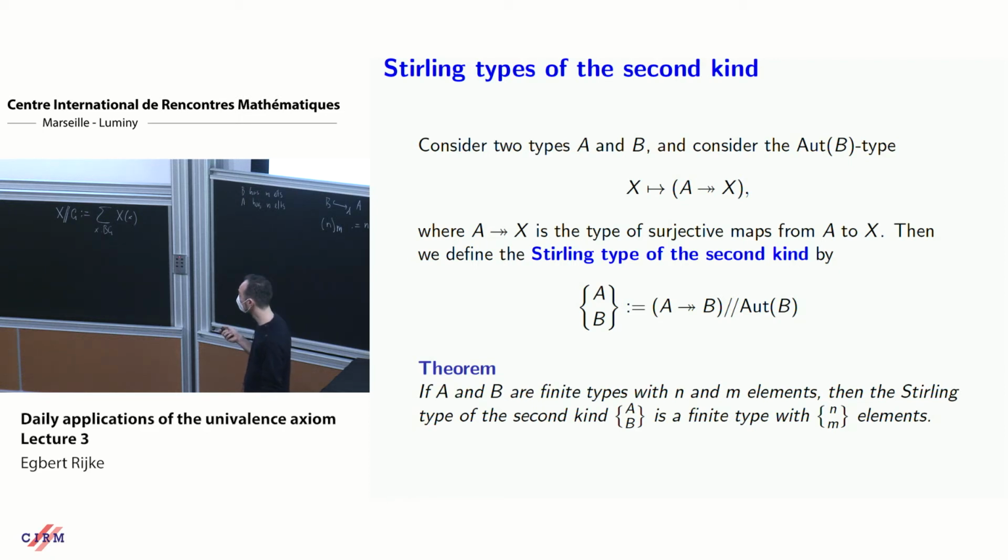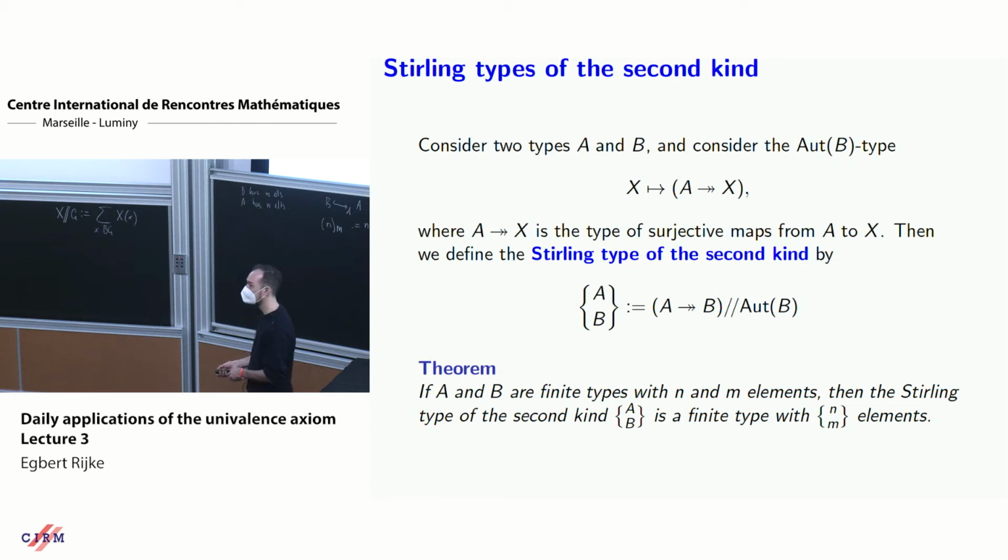For this type, you have to assume that the type B has decidable equality, even to get the recursive law going, because these surjective maps can mess up the equality.